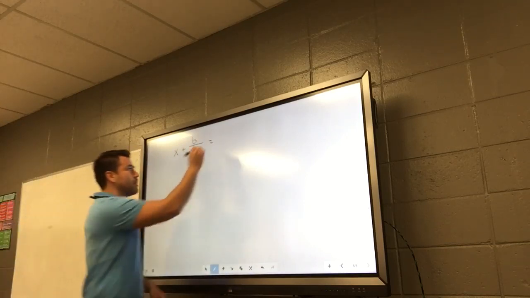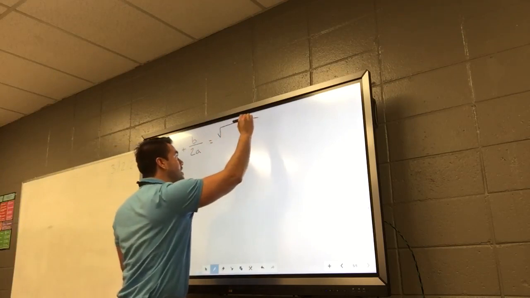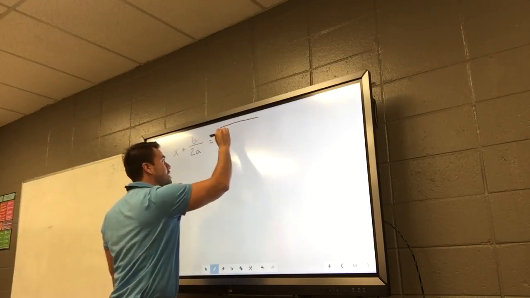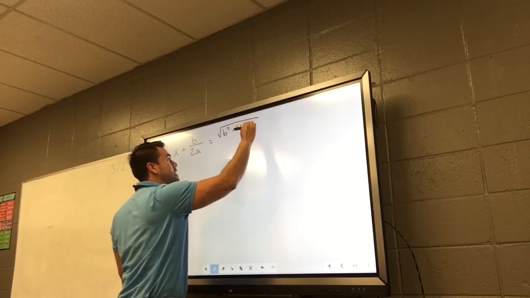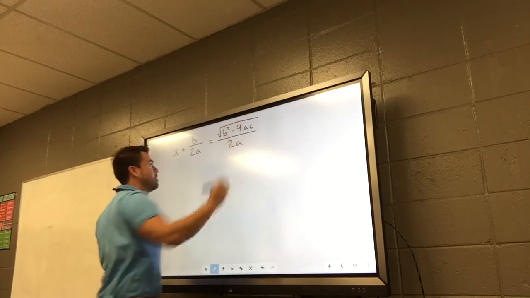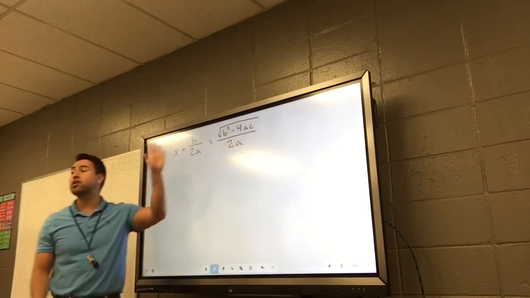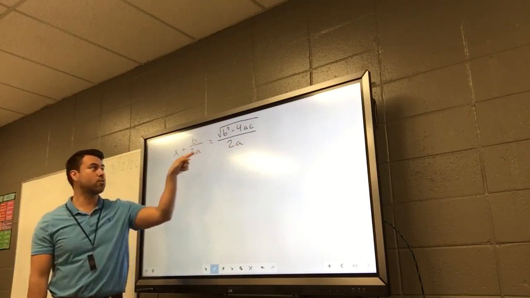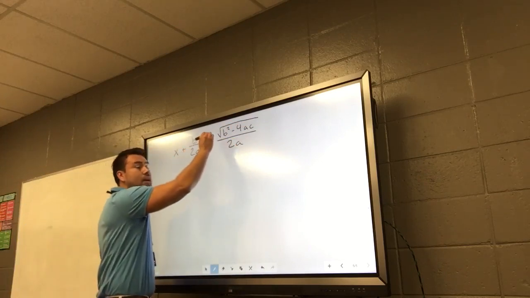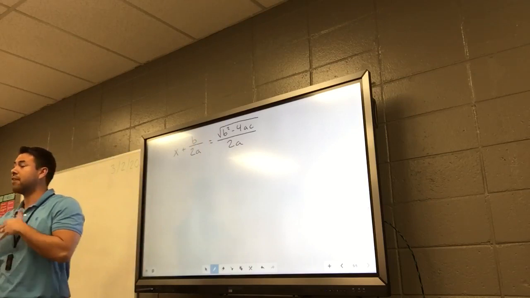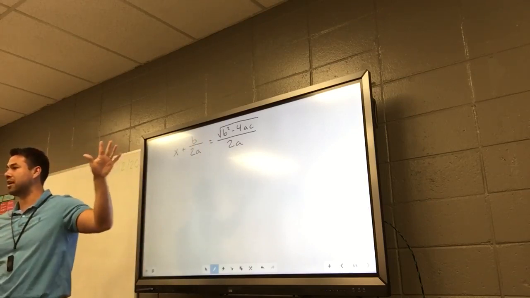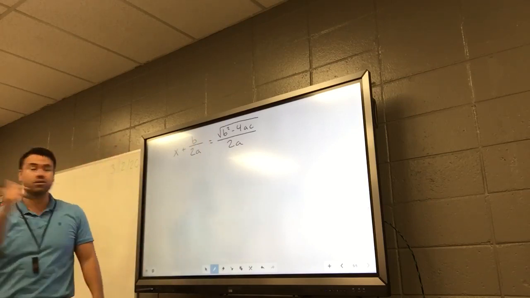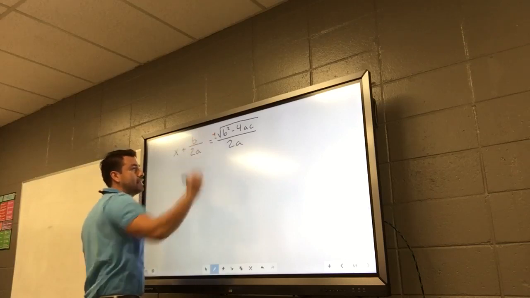This is the tough part. I'm left with the square root of b squared minus 4ac over 2a. I square rooted both sides. Do you guys remember what I have to do with the plus and minus? If I square root both sides, what do I do with that other side? I have to have two values, plus or minus.